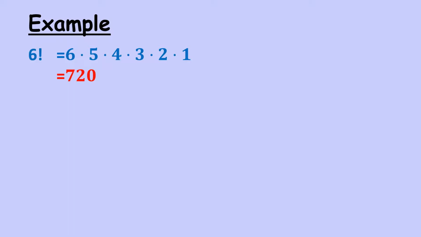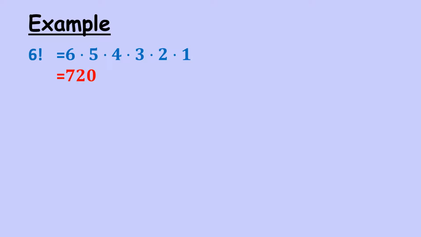The use of factorial notation is to make it easier to write those kinds of numbers, especially when you're using them in a solution. Instead of writing 6 times 5 times 4 times 3 times 2 times 1, you can simply write 6 factorial.